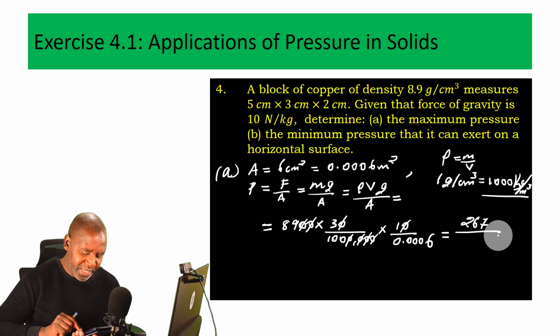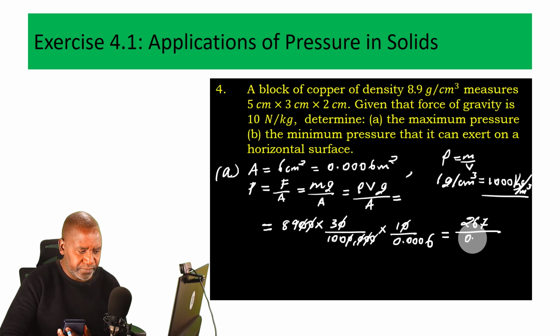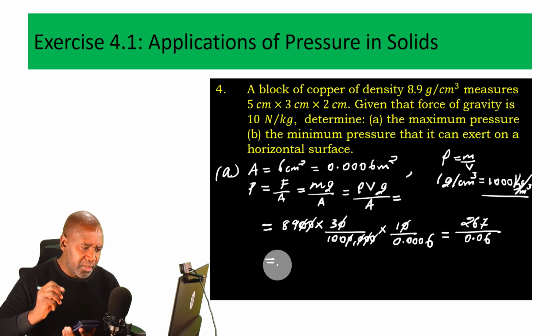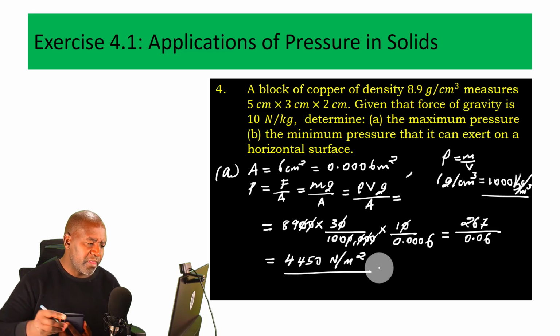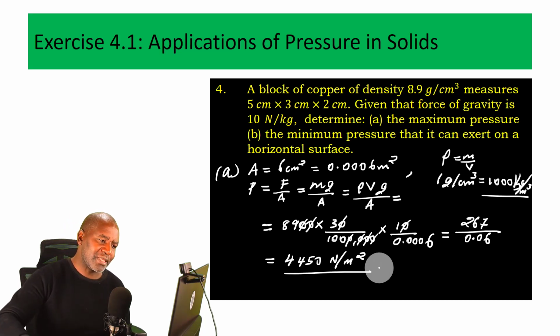That one multiplied by 100, and I have 0.06, and this will give me 267 divided by the answer that I've already obtained there, 4,450. 4,450 newtons per meters squared. That will be the maximum pressure that that block exerts on the road surface.